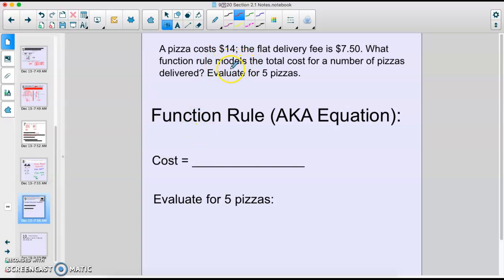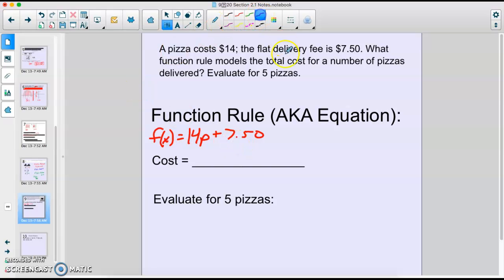All right, a pizza costs $14. The flat delivery fee is $7.50. What function rule models the total cost for the number of pizzas delivered? Evaluate for 5 pizzas. Our function rule, aka the equation: it costs $14 per pizza, and then you have just a flat delivery fee of $7.50. That's our function rule. So f of x equals that.